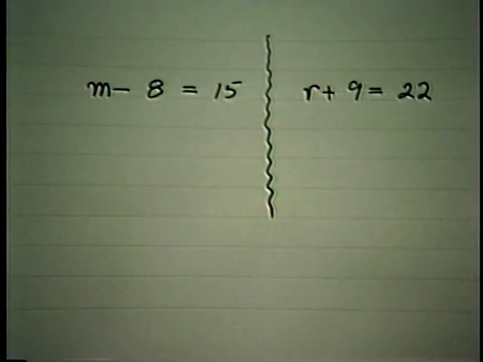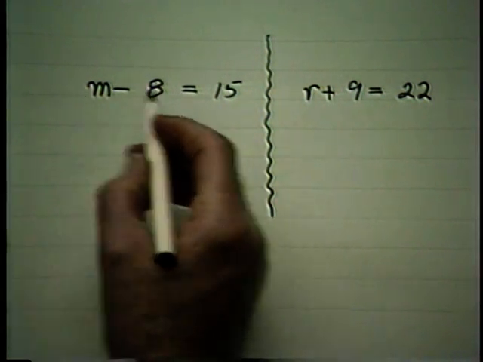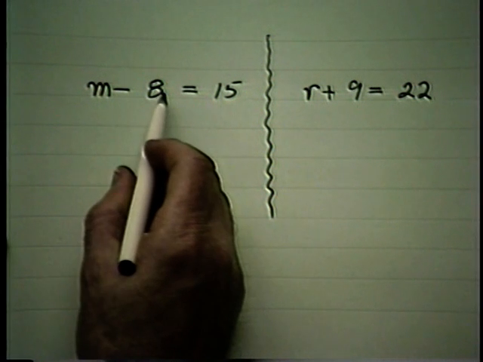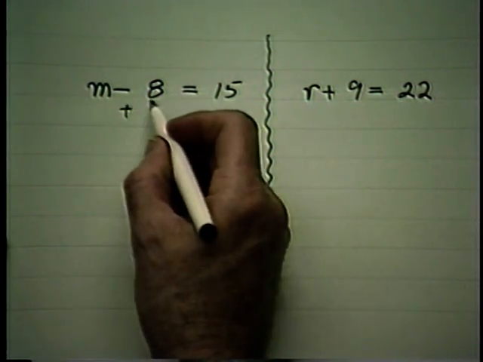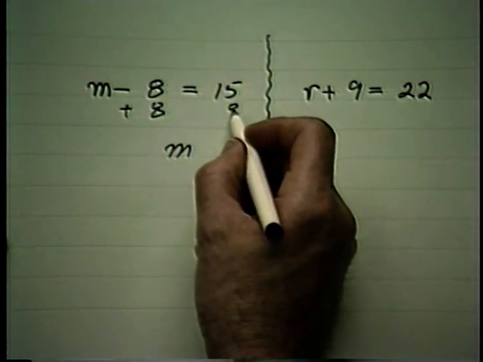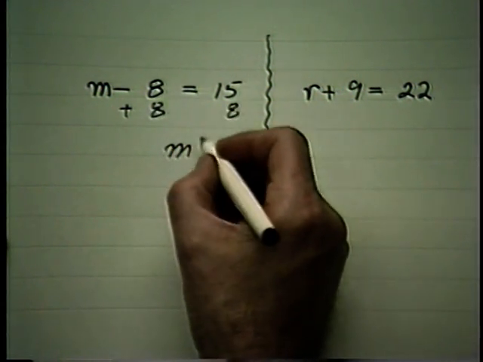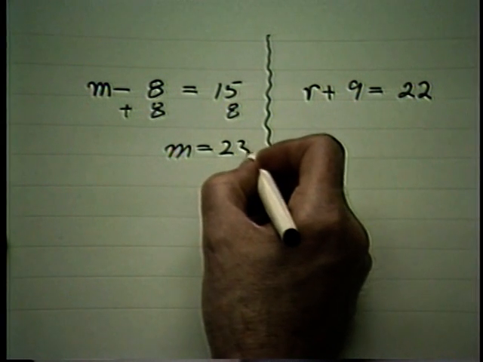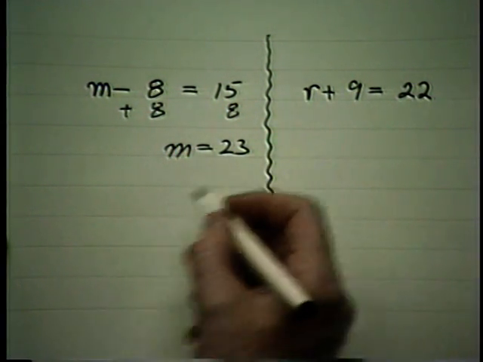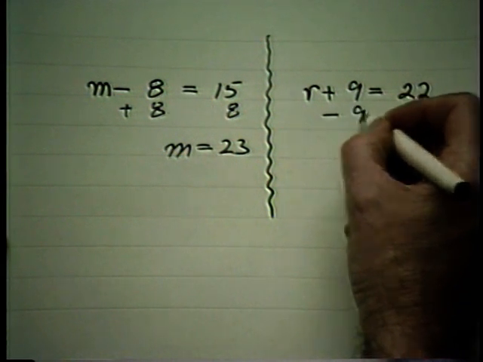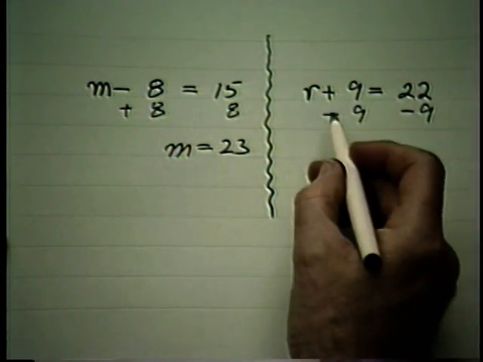Let's do two problems side by side. We wish to isolate the m. To undo subtracting 8, we add 8. That undoes that, leaving m. Adding 8 to this gives me 23. But if we wish to undo addition, we subtract the same amount from both sides.